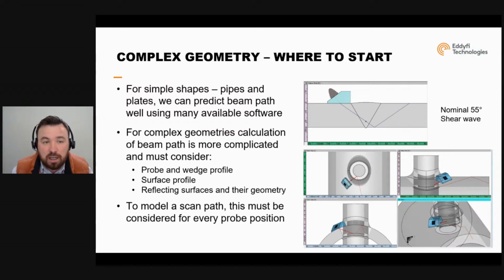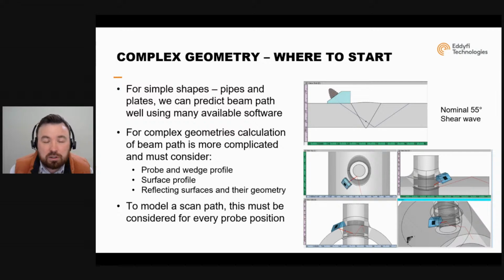You can see here on the slide, the top view, a nominal 55-degree shear wave ray tracing. The beam is easy to predict where it will go. When we do the same thing on a complex profile like the saddle surface of a nozzle geometry, you can see there in an extreme case when the probe is at a 45-degree rotational position, if we do the same nominal 55-degree shear wave beam to that nozzle, we may never see that reflected back to the surface.